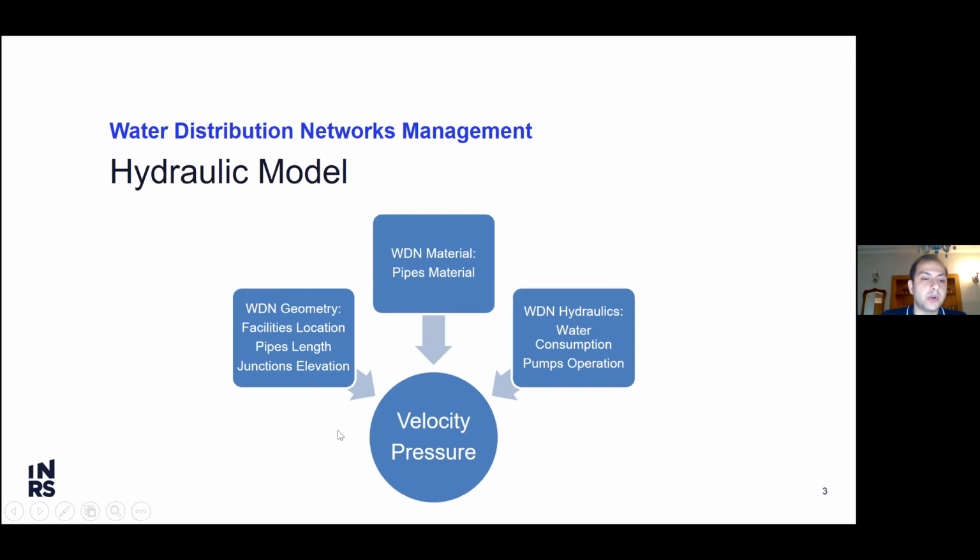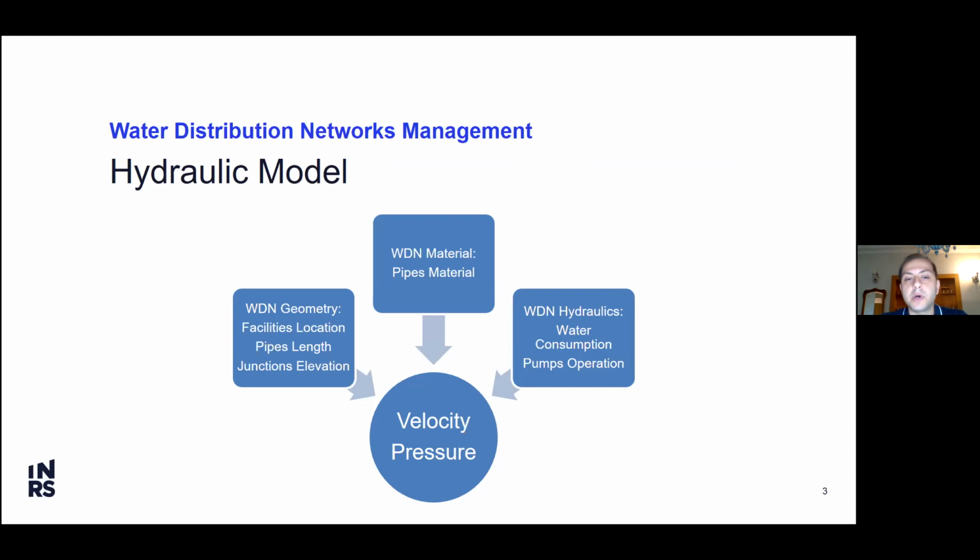So for the first part, which is the hydraulic model, as you know, in water distribution network management, we need models with which we can control, manage, and operate the water distribution network in the best way possible. For this purpose, we need a hydraulic model.